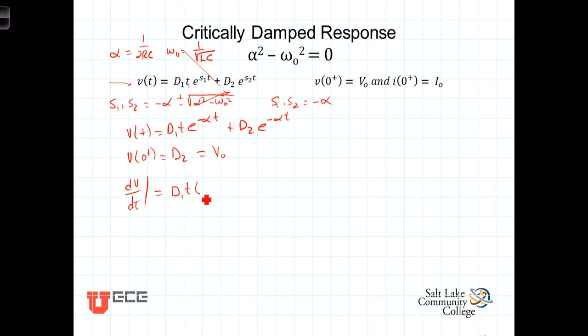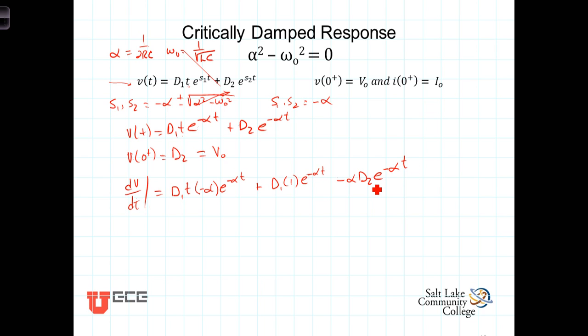The derivative of the second kicks out a minus alpha term, e to the minus alpha t, plus d1 times the derivative of the first, which is just 1, times e to the minus alpha t. And then we have the derivative of the second term, which gives us simply minus alpha d2 e to the minus alpha t.